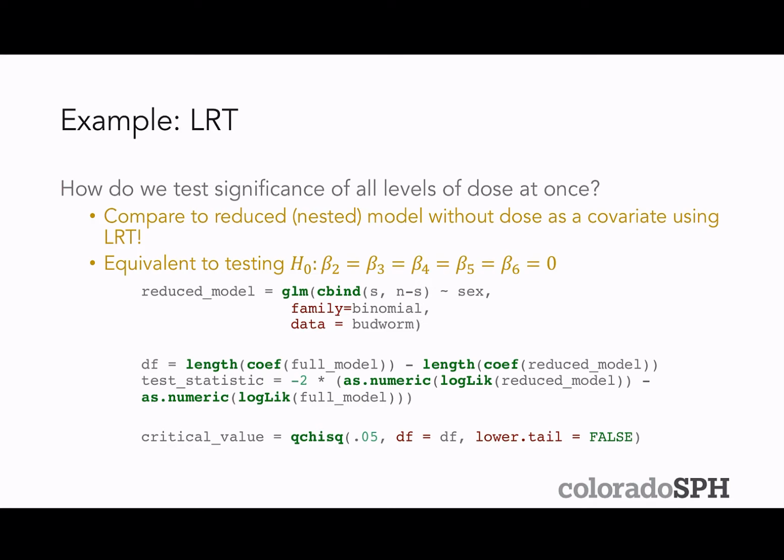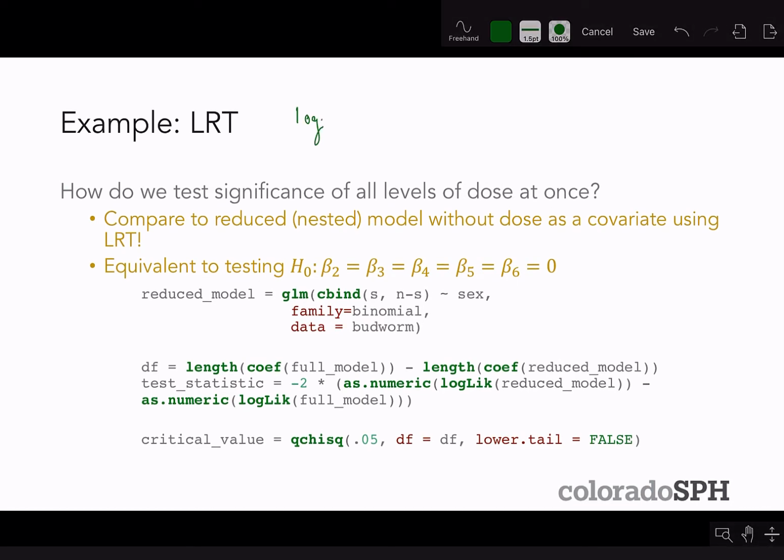And how can we do that? Well, we can compare that full model to a reduced model without dose as a covariate. So this is a model that's nested within that full model. I'm just going to write it out on the top here: a model with sex but not dose.